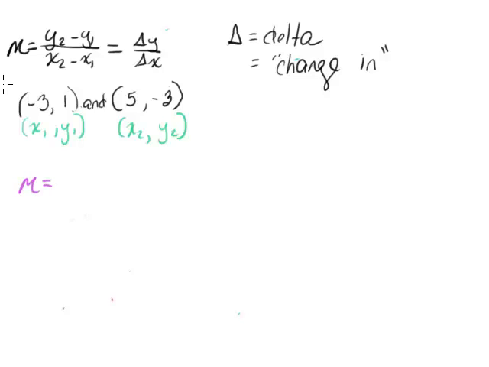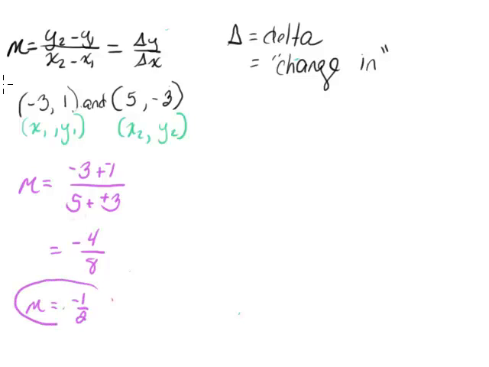So m equals negative 3 minus 1, and then 5 minus negative 3, x sub 2 minus x sub 1. And now we can use same change, negative 3 plus negative 1, 5 plus 3. This is negative 4 over 8, gives us a slope of negative 1/2.